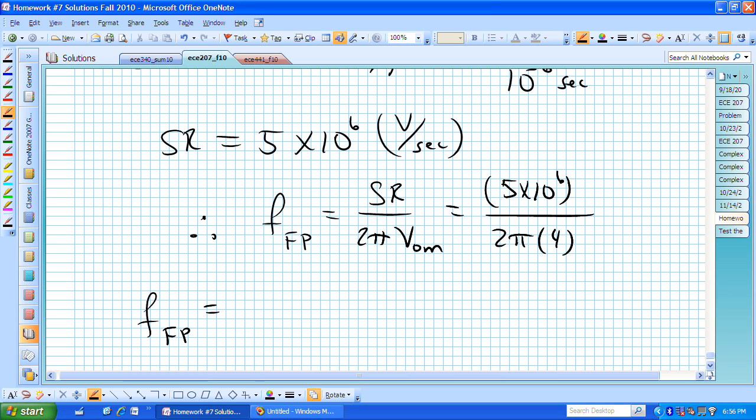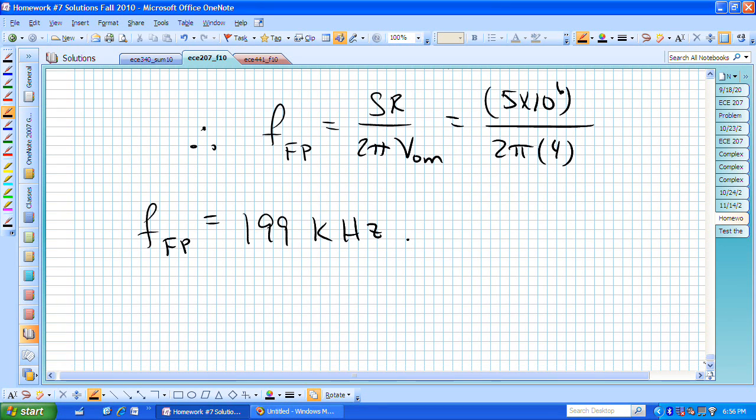We can divide that out, and we end up with 199 kilohertz. If we put in a sine wave of 199 kilohertz, as long as our load resistor is not too small, we should be able to achieve that particular amplification of 2 in magnitude that our circuit is designed to accomplish.